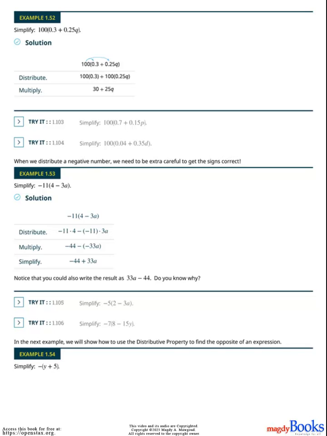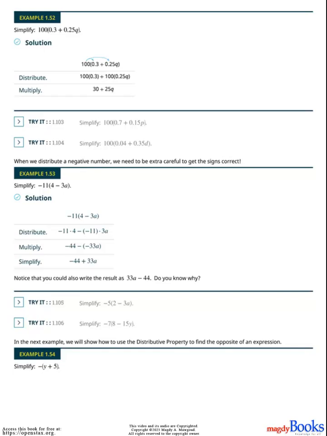Example 1.53. Simplify negative 11 times (4 minus 3a). Solution. Negative 11 times (4 minus 3a). Distribute.